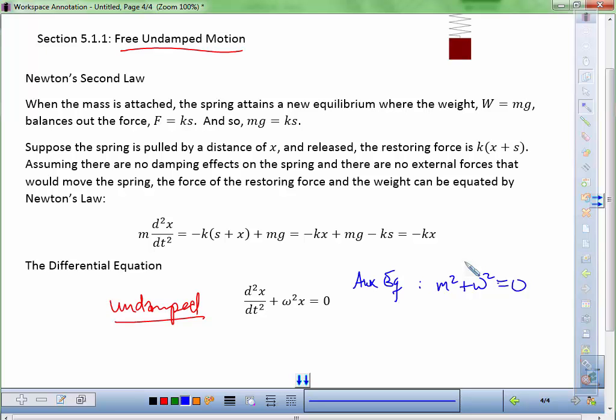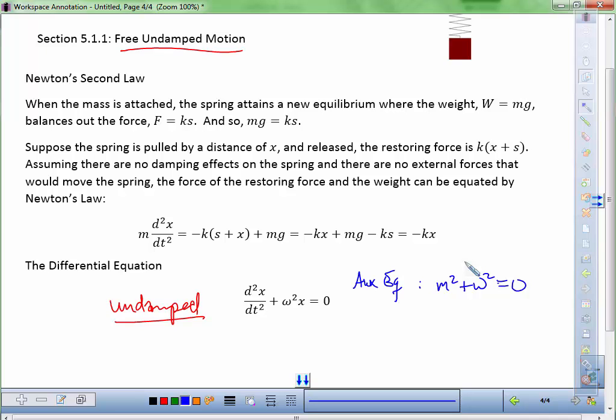a couple of complex conjugates for this root, right? Because you bring the omega on the other side, it'll have a negative, and then you take the square root, and then you'll have i's and stuff like that. So you'll have complex conjugates. So if you thought about this far, what are your solutions when you have complex conjugates? Sines and cosines, right?